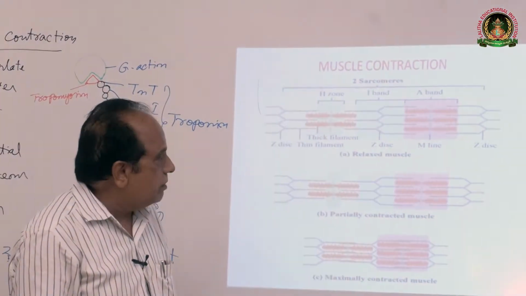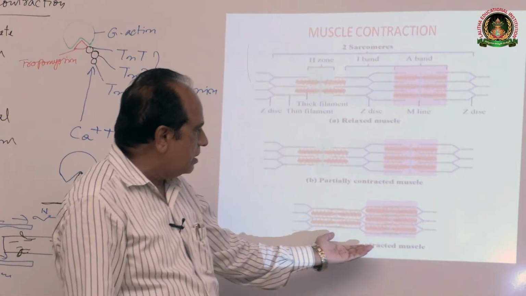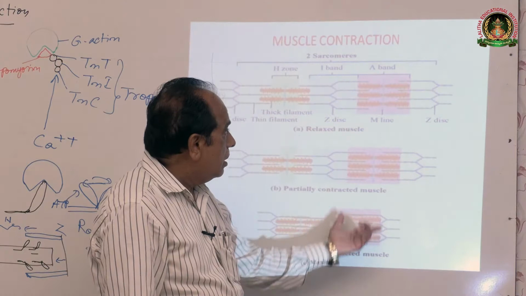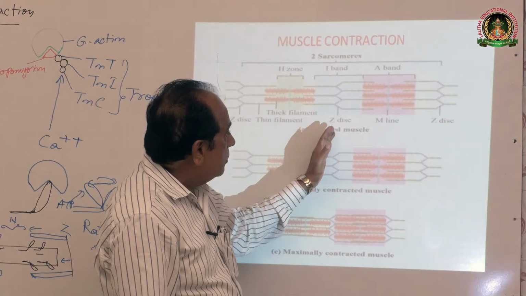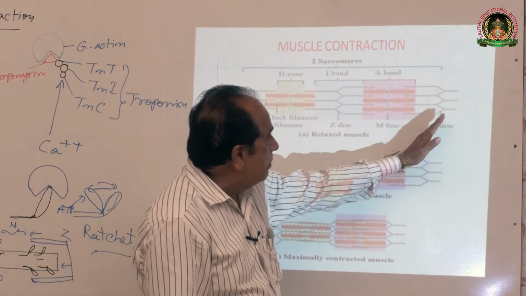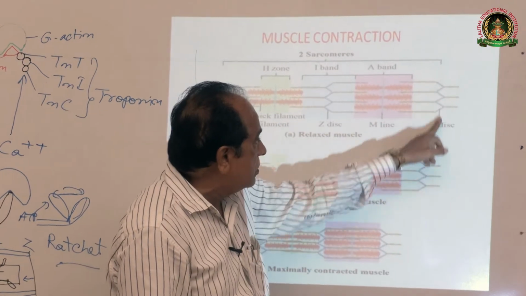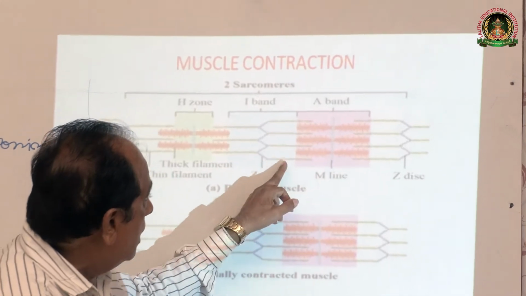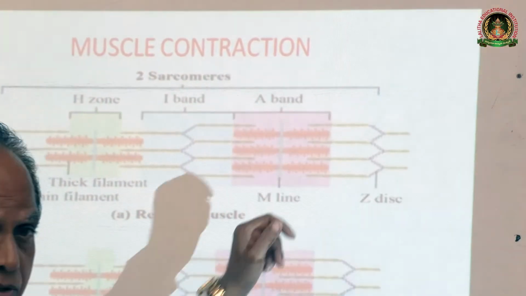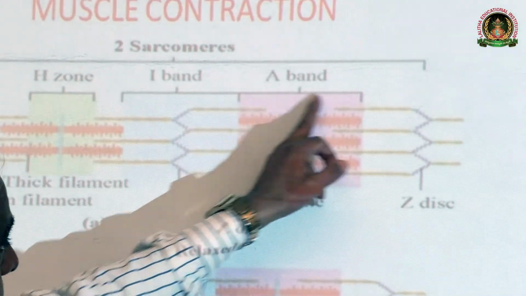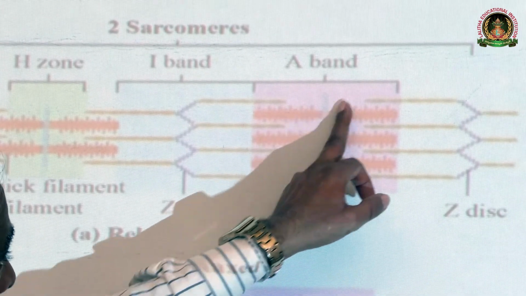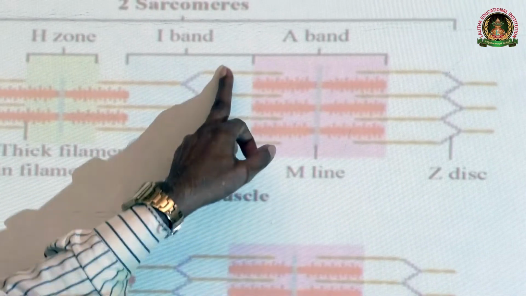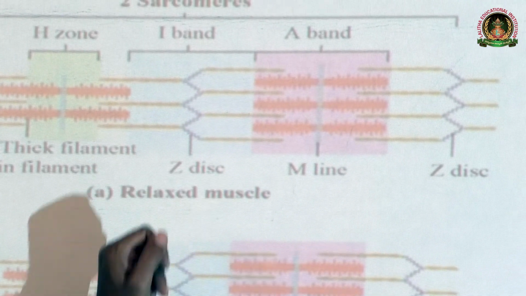Here it is showing the muscle contraction. So, this is in the maximum contracted state. This is one sarcomere, the sarcomere which is present between two Z membranes. So, this is Z membrane and this is Z membrane, having the myosin myofilaments and thin actin filaments, and this is the A band, and in the middle there is the H zone, and on either side of the A band, these two parts constitute the I band.